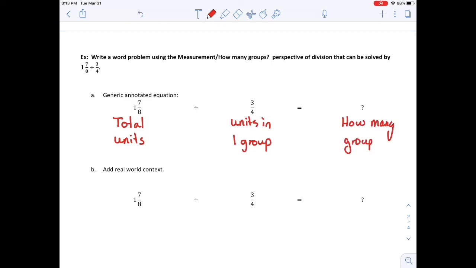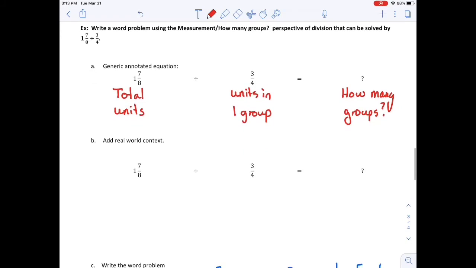So we think to ourselves, what can we measure out in batches of 3/4? I'm going to make this paint, and I think of paint as coming in gallons. So let's say 3/4 of a gallon can paint one room. So what's one group? One group is one room, and that uses 3/4 of a gallon.